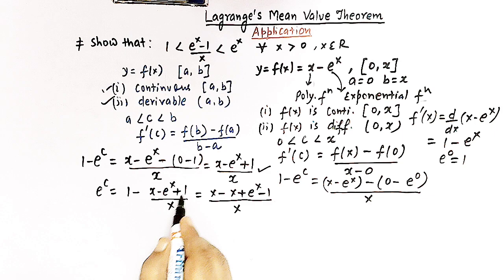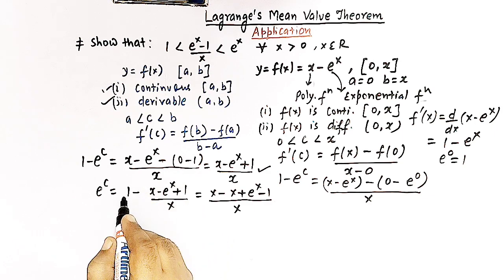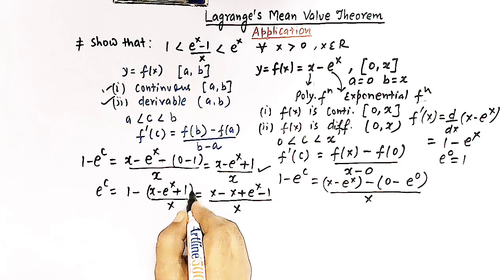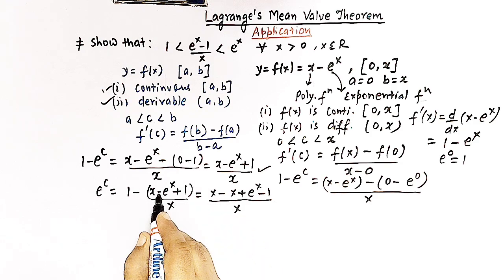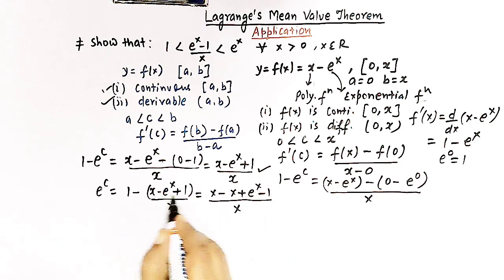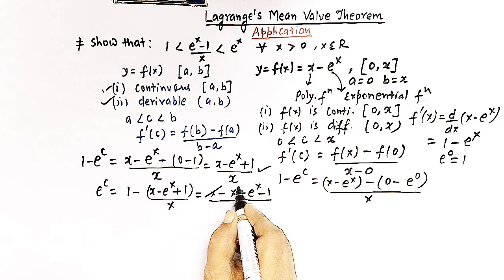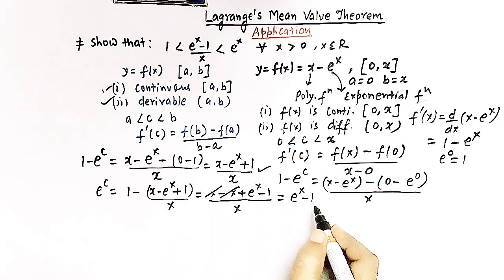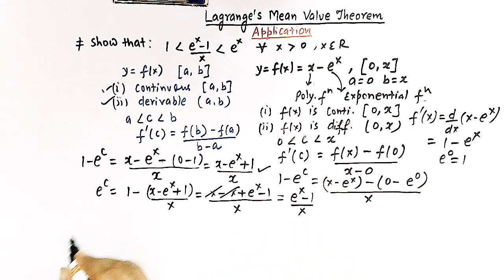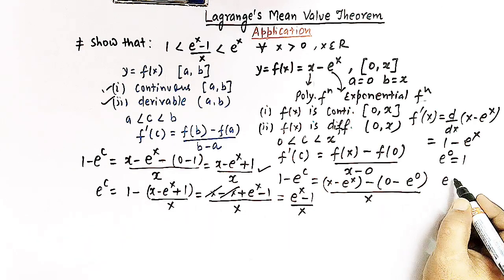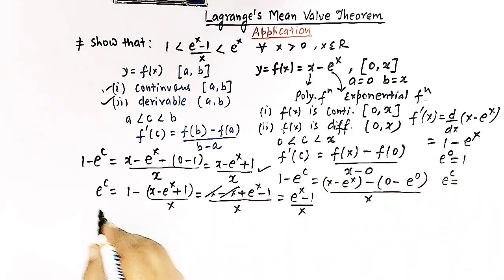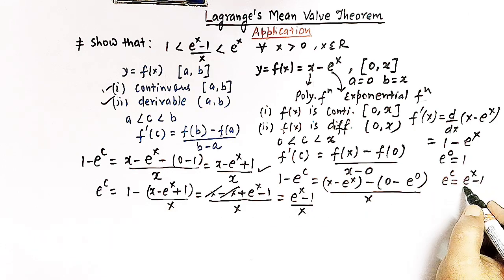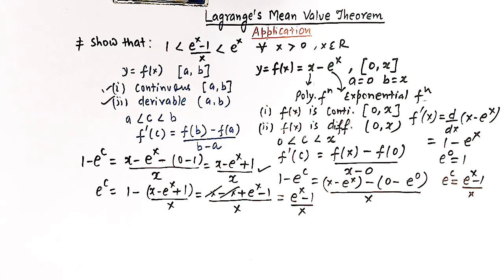Simplifying this expression by multiplying this 1 by x, here we have minus x, then plus e raised to x and minus 1. So this x and this x get cancelled, and we are left with e raised to x minus 1 over x. So now we have this equation, that is e raised to c is equal to e raised to x minus 1 over x.